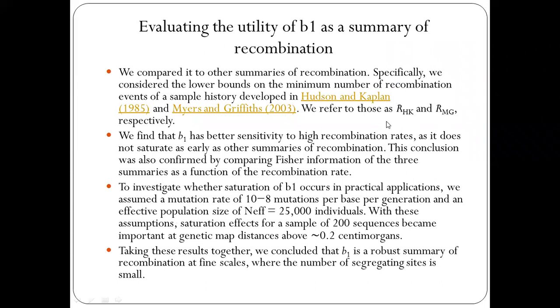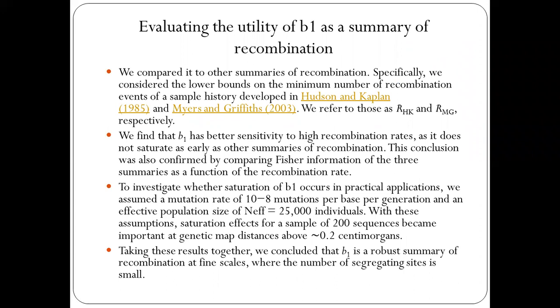Evaluating the utility of B1 as a summary of recombination, we compared it to other summaries of recombination. Specifically, we considered the lower bounds on the minimum number of recombination events of a sample history developed in Hudson and Kaplan and Myers and Griffiths.